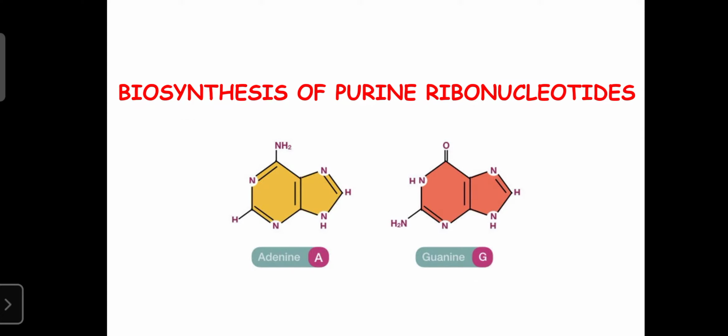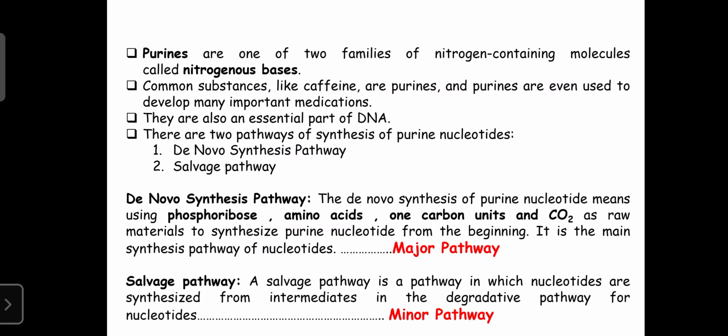And we also started the biosynthesis of ribonucleotides, the biosynthesis of adenine and guanine. This occurs mainly through two pathways. The first is the de novo synthesis pathway for purine synthesis, which is the major pathway.